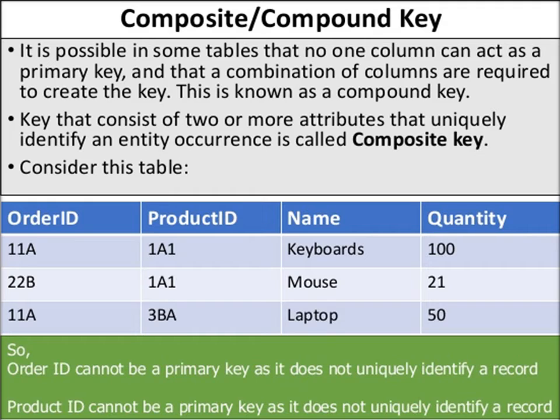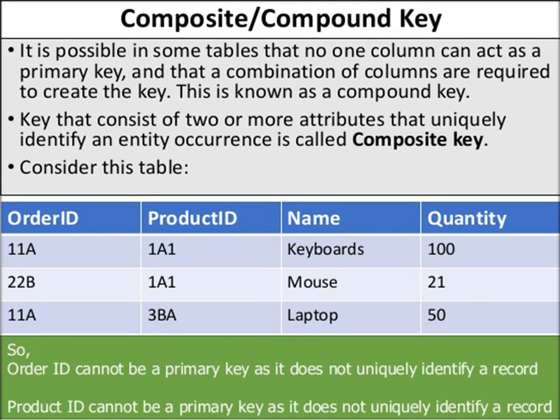But if we see the values of order ID, there are duplicate values. Similarly, in product ID, there are again duplicate values. Name and quantity we cannot choose as a primary key because the chances of duplicate values in these fields are higher. Now, order ID cannot be a primary key, product ID cannot be a primary key.